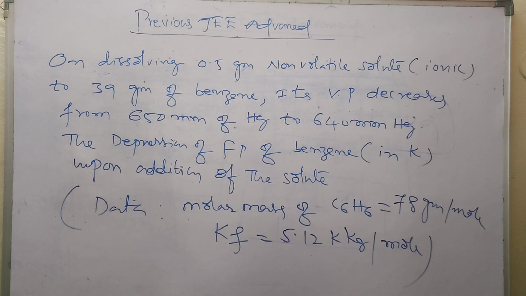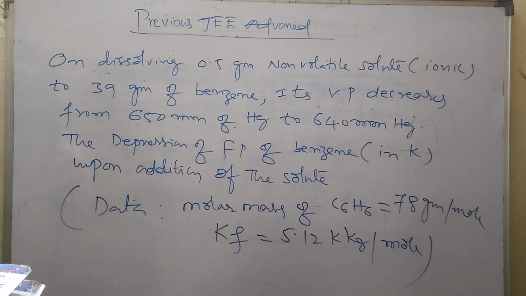On dissolving 0.5 grams of non-volatile ionic solute to 39 grams of benzene, its vapor pressure decreases from 650 to 640 mm of mercury. The depression of freezing point of benzene upon addition of the solute is asked.